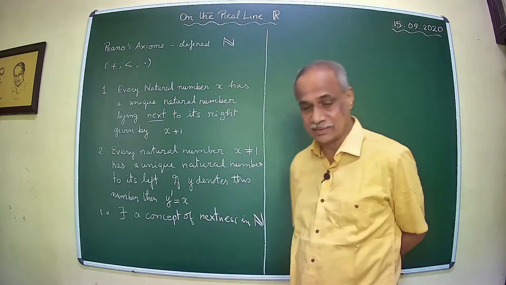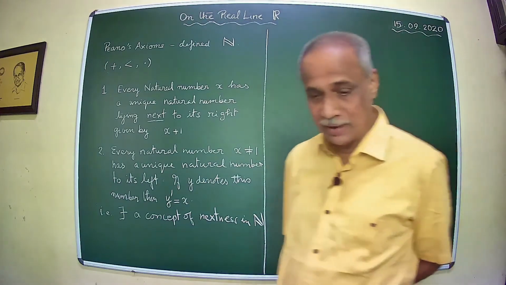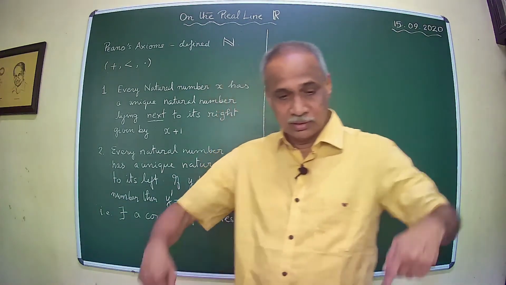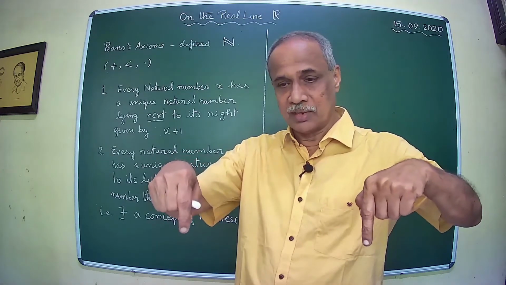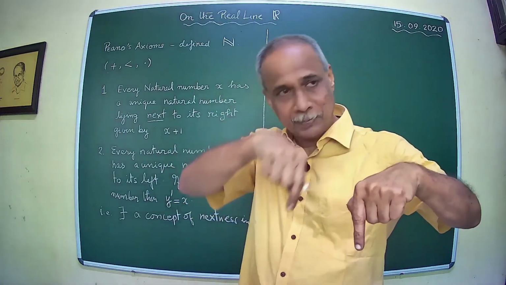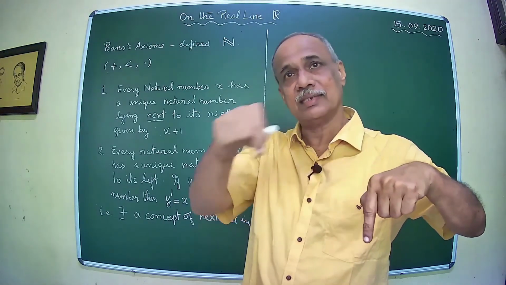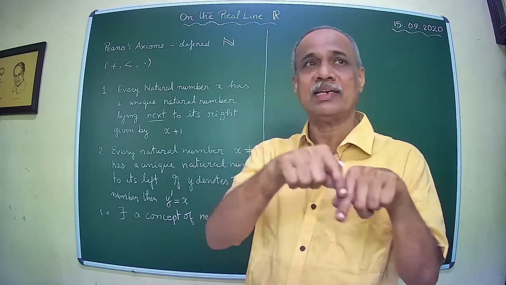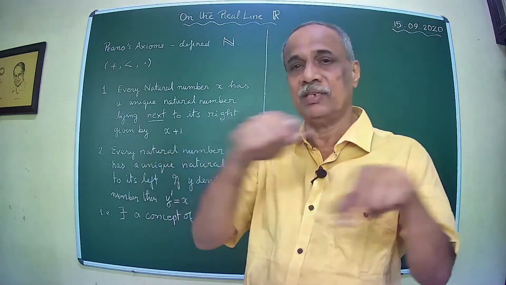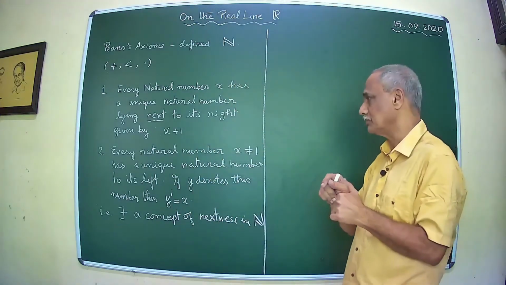Because what do you mean by nextness? If you have two elements in the set having the property that in between there is no other element, then you say the one lies next to the other. So this property is a salient feature of the set of natural numbers.